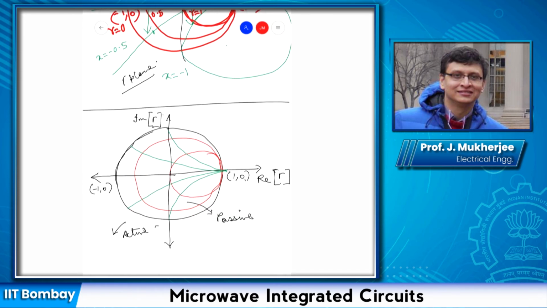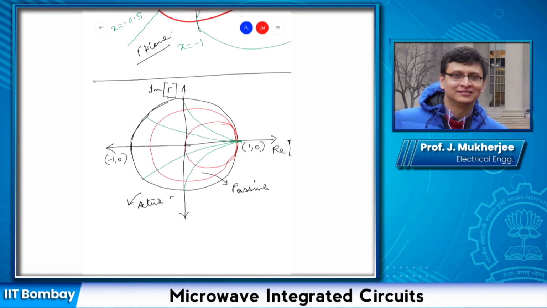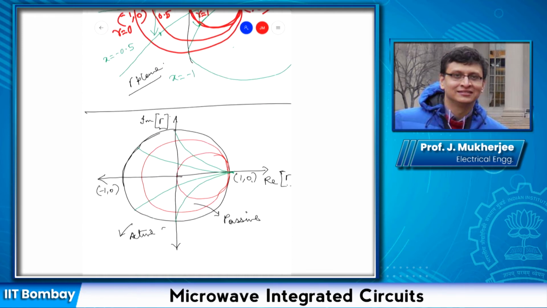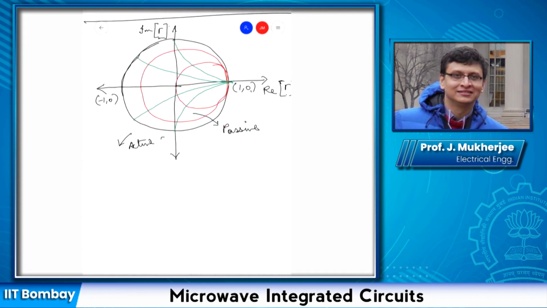So that is one advantage of the Smith chart, because all passive devices, whatever be their impedances, we can view within this unit circle. That makes it easier as compared to, say, the Z plane. If I plot the Z plane, it is like this.